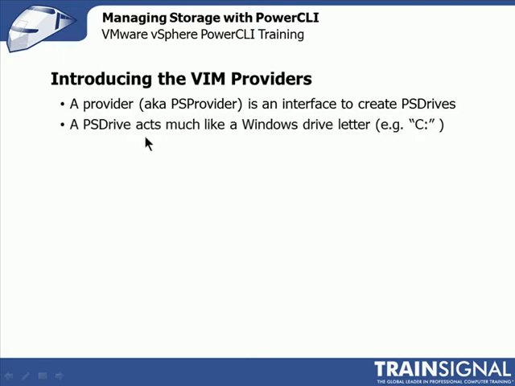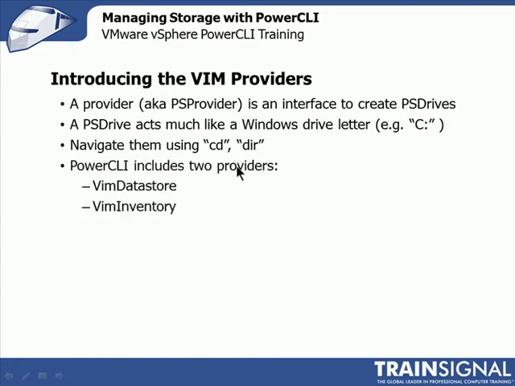So a PS drive acts much like a Windows drive letter. For example, C:. That is a text-based, shell, hierarchical interface to your hard drive, right? Well, and you can then navigate them using commands such as cd or dir, which in PowerShell are aliases to Set-Location and Get-ChildItem, respectively.